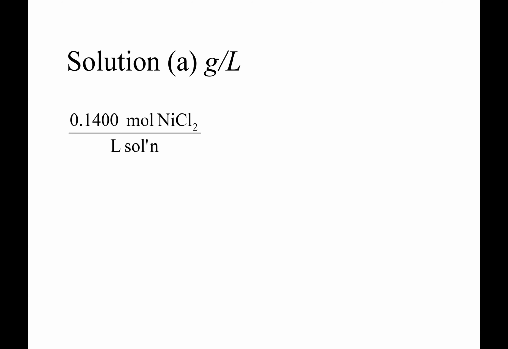A few slides ago, we knocked out the molar mass of NiCl2. We said it was 129.59 grams per mole. So now I can use that molar mass: 129.59 grams of NiCl2 per 1 mole of NiCl2. Units of moles of NiCl2 cancel. We're left with what we were after, grams of NiCl2 per liter of solution. 4 sig figs.